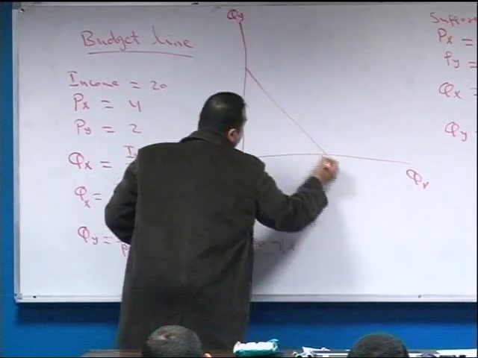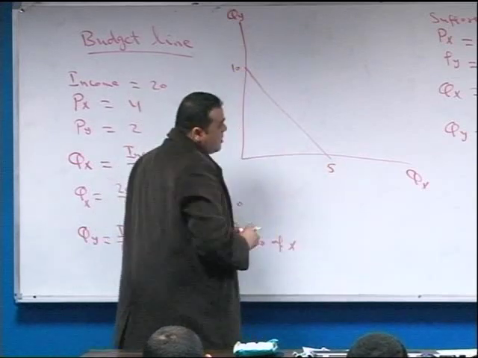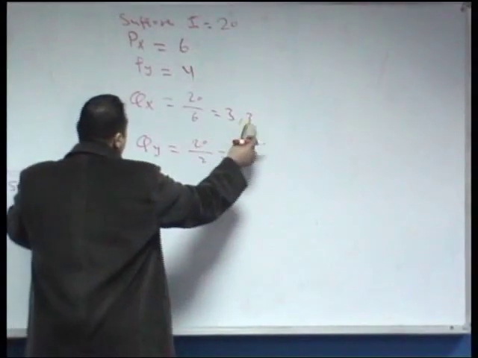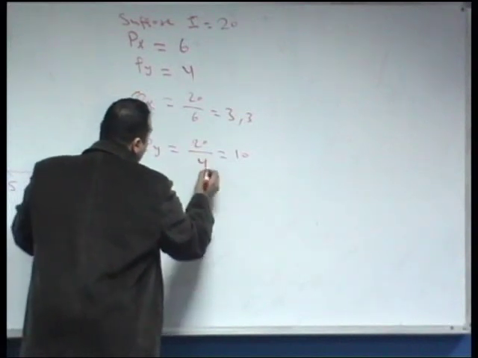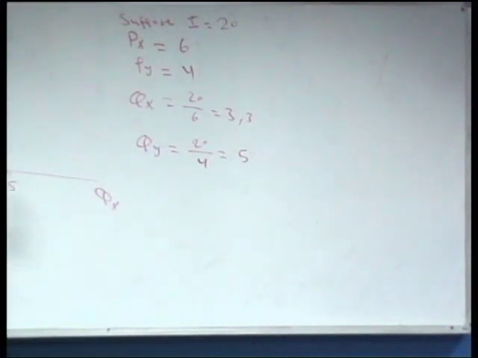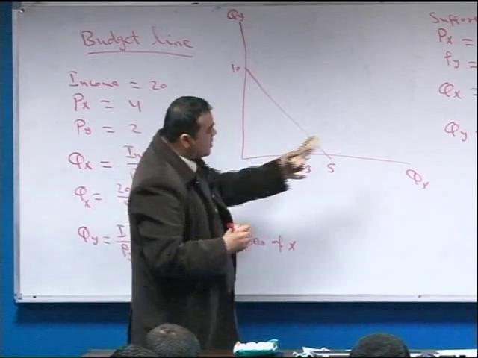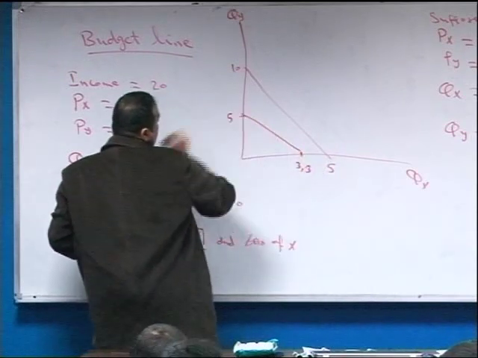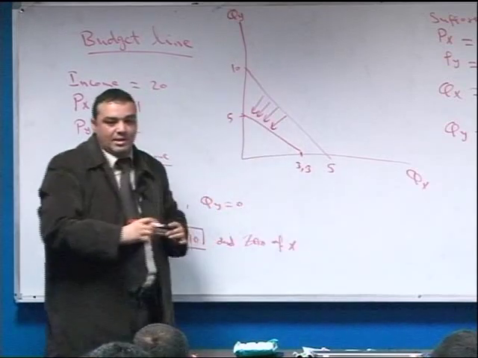And this is the original budget line, 10 and 5. Qx would be 3.3. What about Py? 20 over 4, 5. So the quantity of x would become 3.3. Quantity of y is 5.